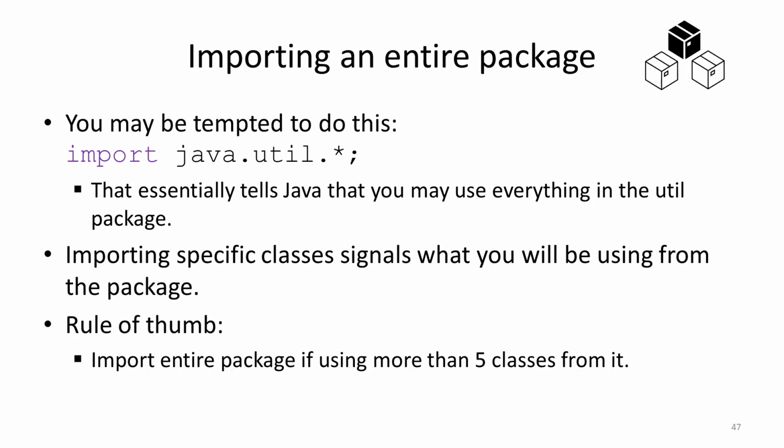In this class, I do not actually want you to do this. I want you to import specific classes because that signals what you will be using from that package. It adds a layer of readability and predictability in your code because you as a programmer can get an idea of what kinds of things will happen in the program.